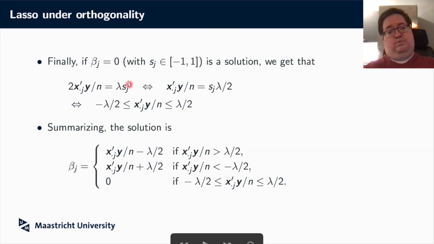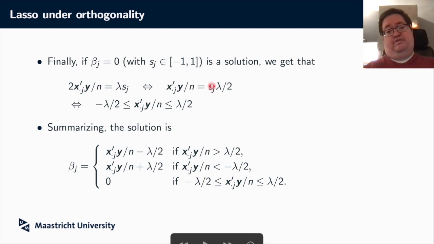So that's exactly what we have here. We need that xj prime y over n is equal to sj times lambda over 2, but sj does not have one value, it can have any value between minus 1 and 1. So we need this to be true for some value between minus 1 and 1.